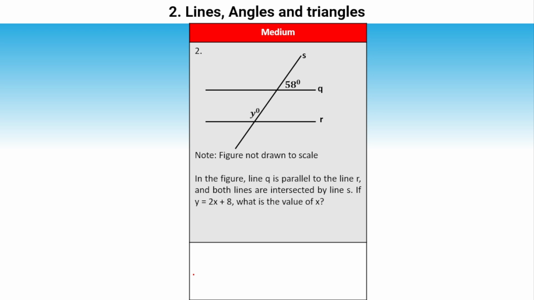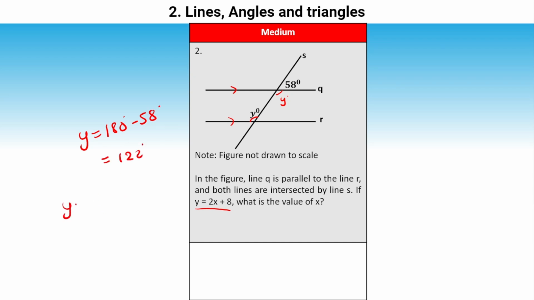Next one, in the above figure, line Q is parallel to line R and both lines are intersected by line S. If y equals this, what is the value of x? First let's find the value of y. These and these are alternate angles, since these two lines are parallel. So y equals 180 degrees minus 58, which equals 122 degrees.